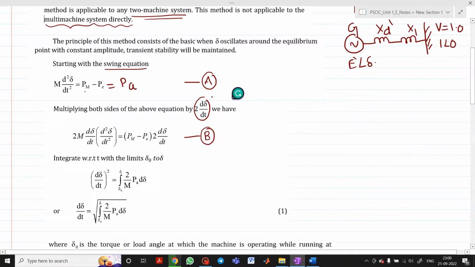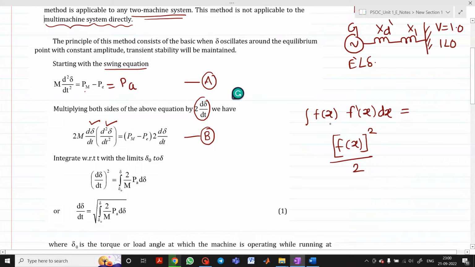Now the question is why we have multiplied it with 2 d delta by dt. There is a rule of integration: the integral of f of x into f dash of x dx will be equal to f of x bracket square divided by 2. If you observe these two equations here, this is nothing but your f of x and this is nothing but your f dash of x. So once we take the integration, what will we get? In place of f of x you put d delta by dt.